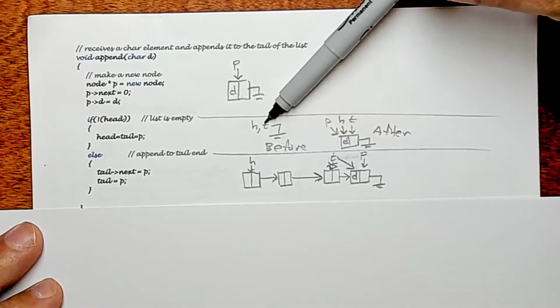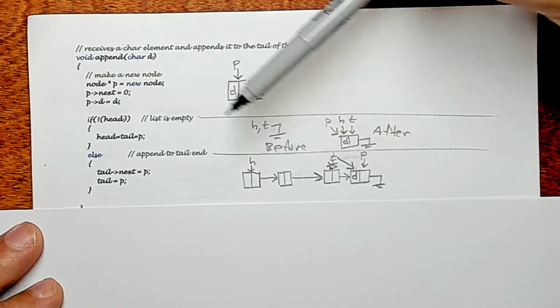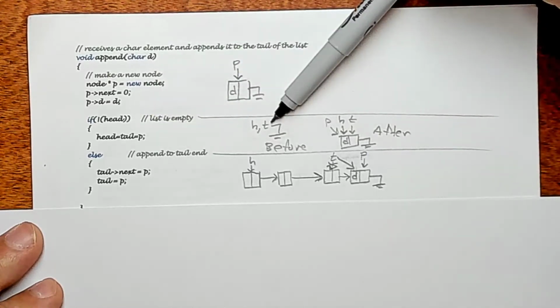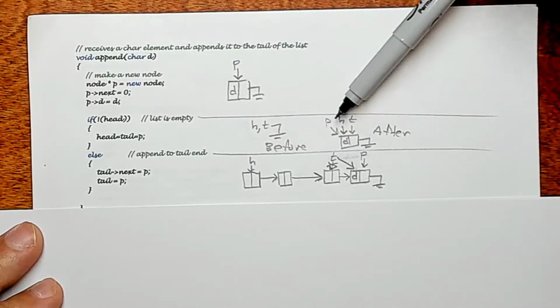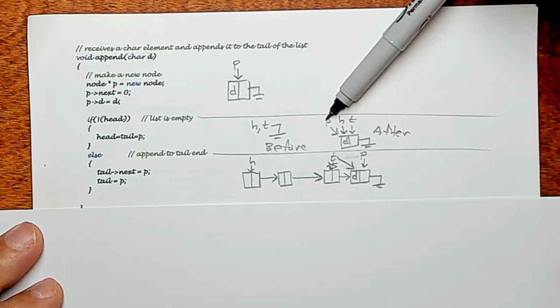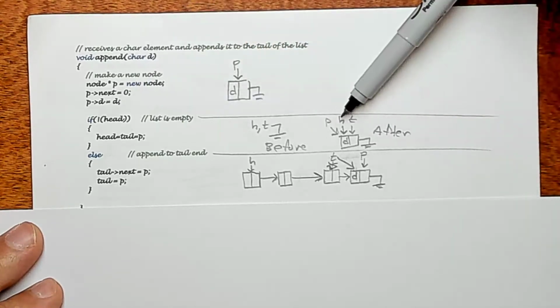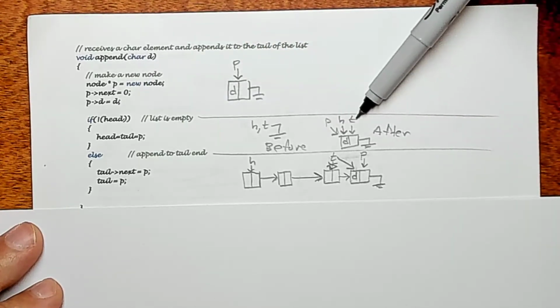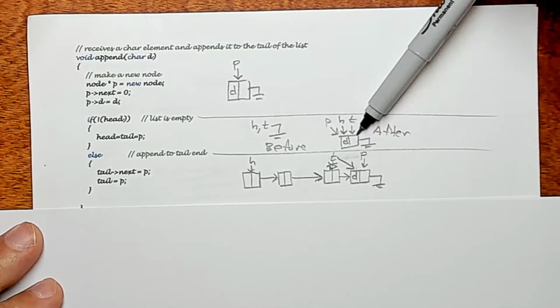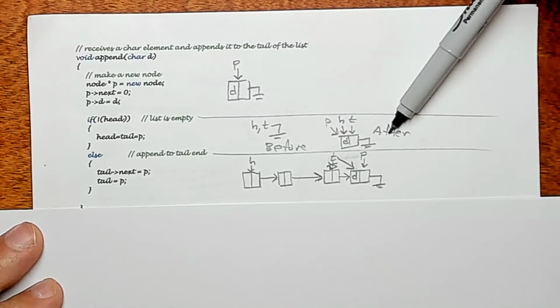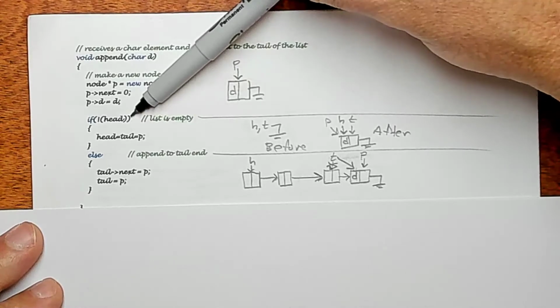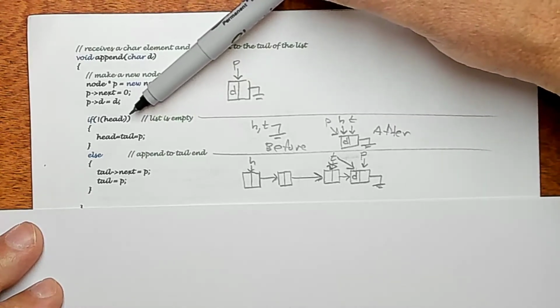So before, the head and the tail point to nothing. That is when the list is empty. Afterwards, P, our local pointer, and then our global pointers H and T all point to the same new node. And we're done. That's what we do if the list is empty.